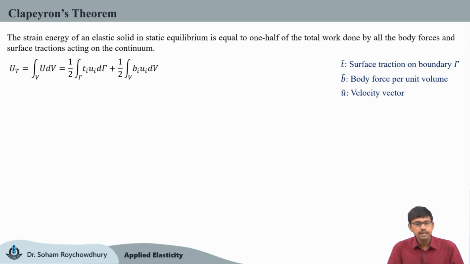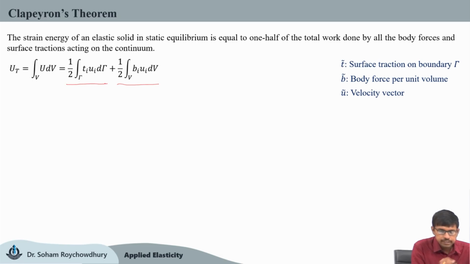The work done by body forces can be written as this last term, half of integral of Bi ui integrated over volume. Work done by the surface traction force is written as this term, half of integral of Ti ui integrated over the boundary d gamma, because surface tractions are acting over the boundary, while body forces are acting over the entire volume.